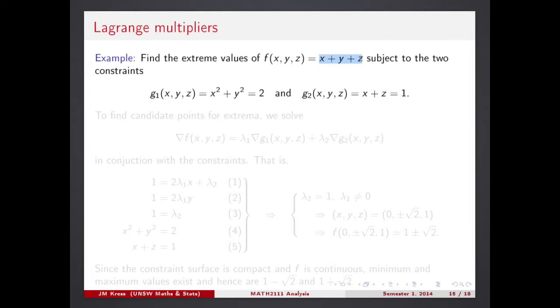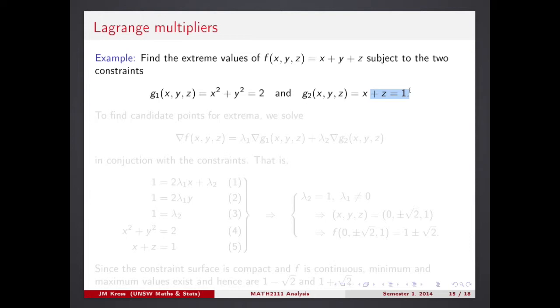Well, this time min-max works, and this time you can trust this, hopefully, because the function is continuous. The ellipse is a bounded closed set, so it is compact. We will have a min, we will have a max, and doing this by parameterization is a nightmare. You can find a parameterization for this ellipse, of course. You can take cos and sine for x and y, and then solve for z from the plane equation.